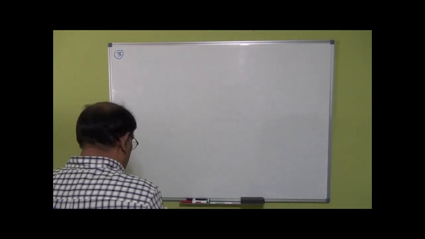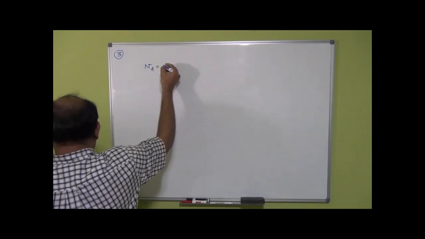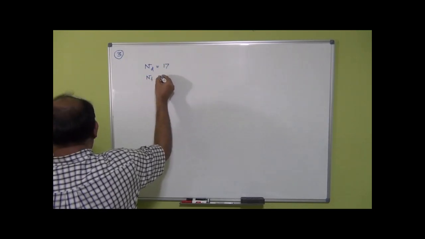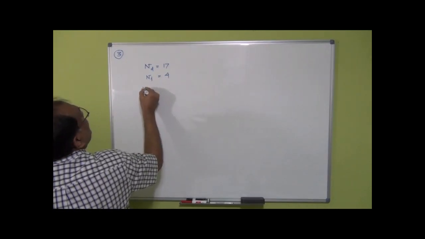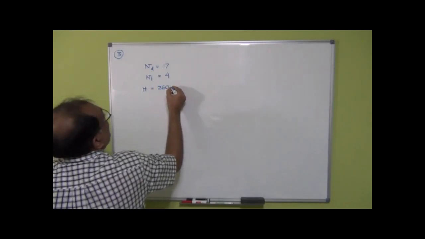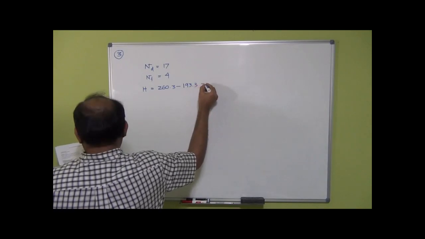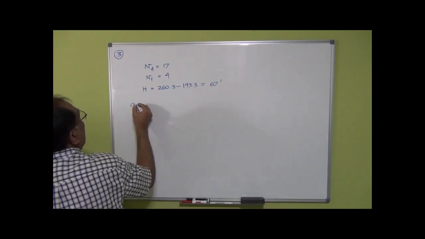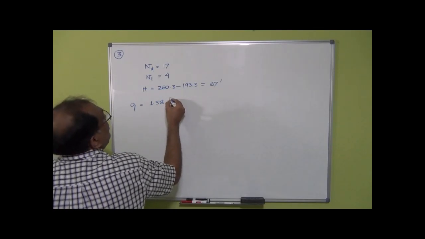Okay, so you can see here, if you count, your ND is basically 17, and your number of flow channels, NF, is basically 4. Your H is 260.3 minus 193.3, which is actually 67 feet. And your Q is given, 1.58 feet cube per minute.